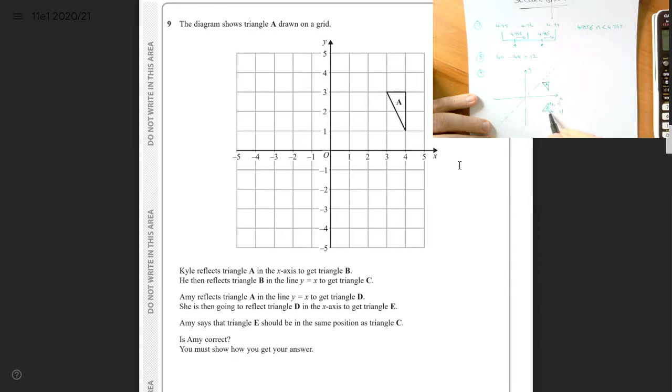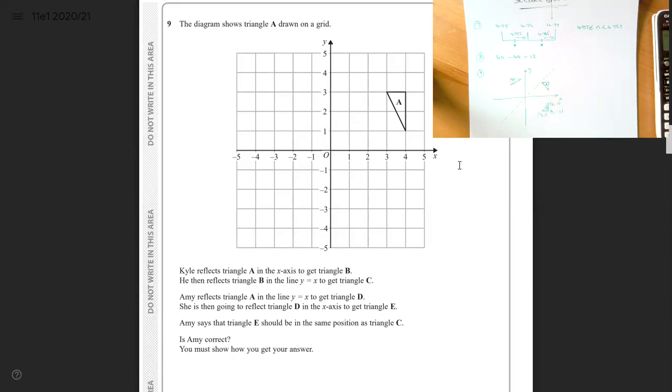So that one there is going to reflect up to minus 3, 4. And this corner here is at 3, minus 3. So that one's going to reflect up to minus 3, 3. Okay, so that's reflected up to there to get triangle C.